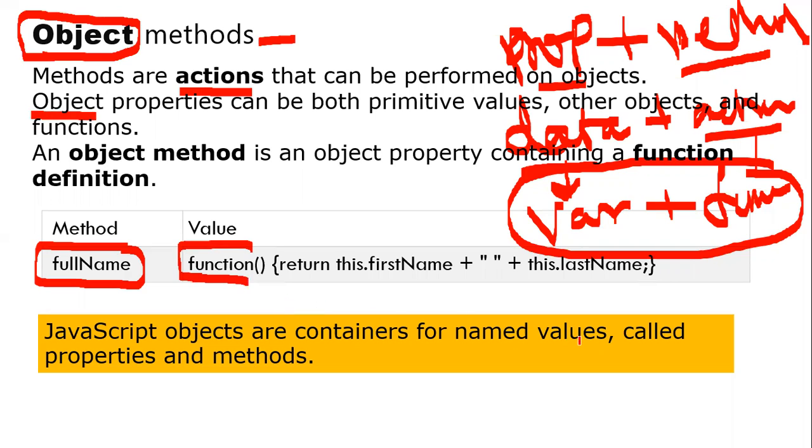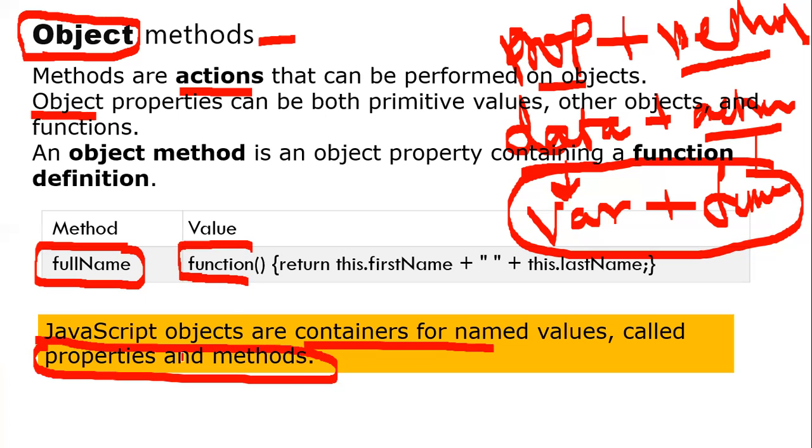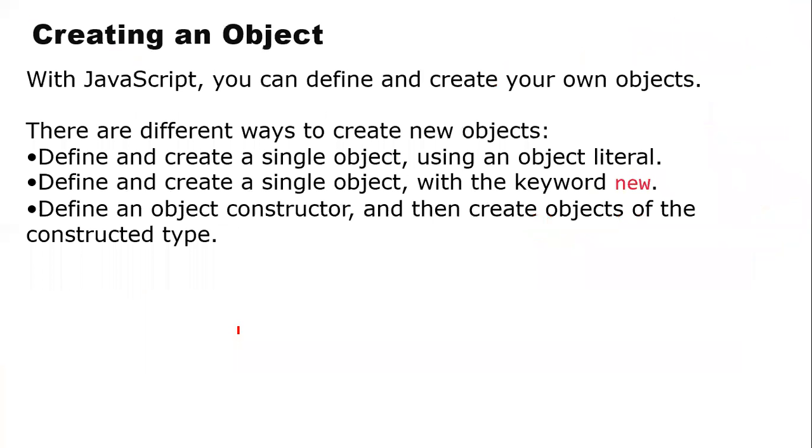So as we said, the object will be acting as a container for us for storing both the properties and methods combined together. It will be acting as one object for us. That is, objects are the containers where we have both the variables and functions.